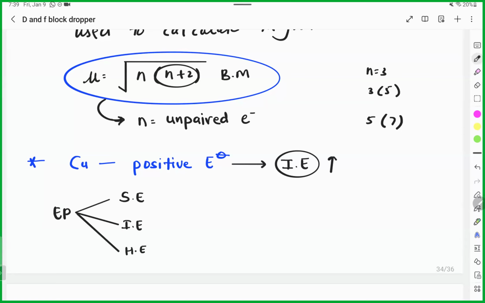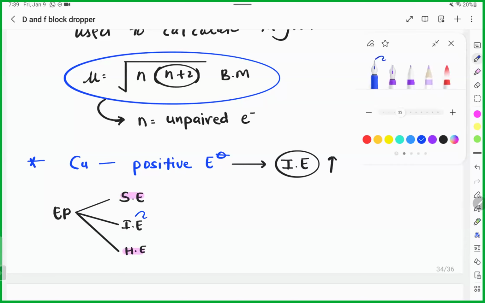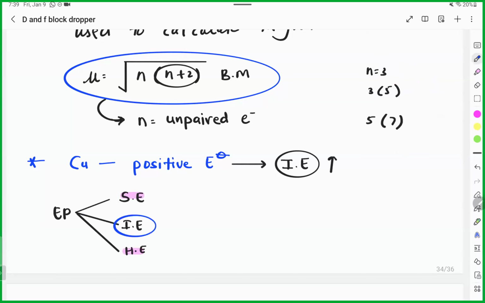But you are not sure about sublimation and hydration, so which factor will decide your value according to this chapter? Ionization. If value is positive, ionization enthalpy is high. If value is negative, ionization enthalpy is low, and then automatically hydration will take the upper hand, because the other two contribute the positive value and hydration enthalpy is responsible for the negative value.